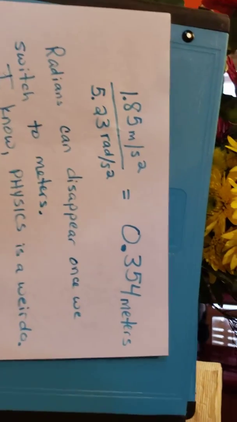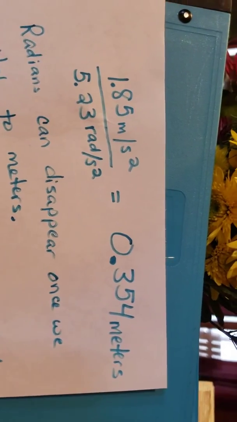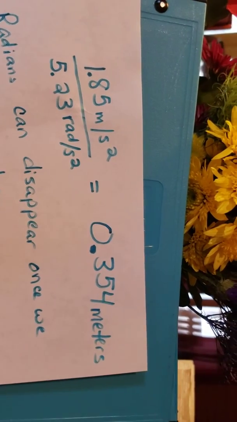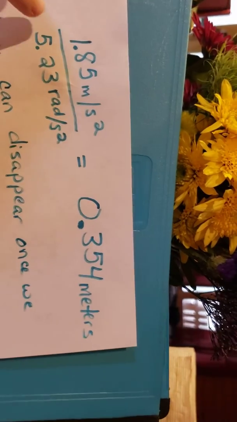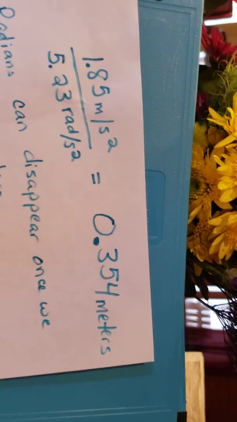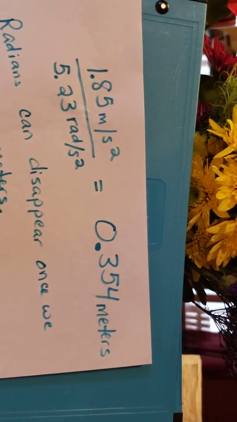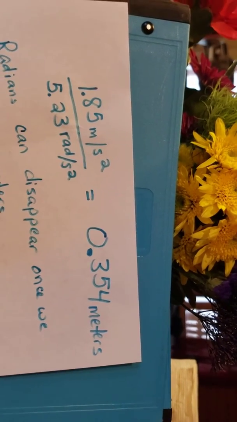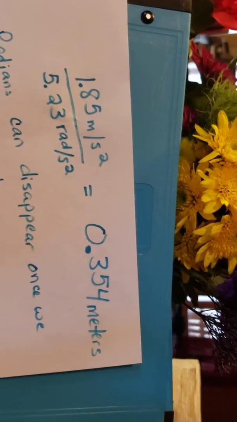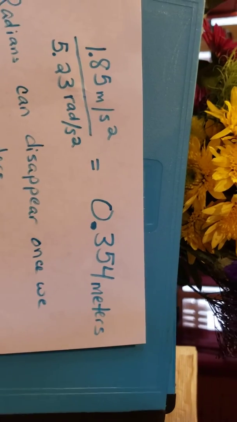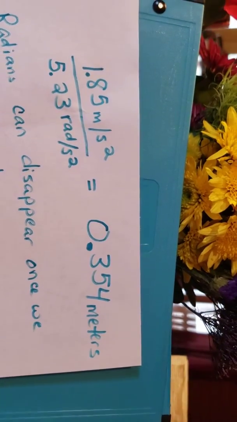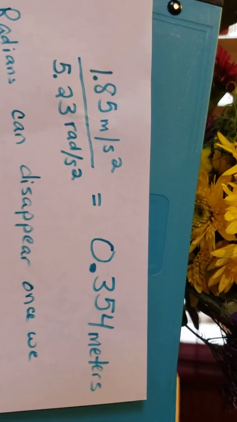If you look up here, we have our linear acceleration right here, which is 1.85 meters per second squared. And we have our angular, which is 5.23 radians per second squared. So if we calculate those numbers, you're going to come out with 0.354 meters.